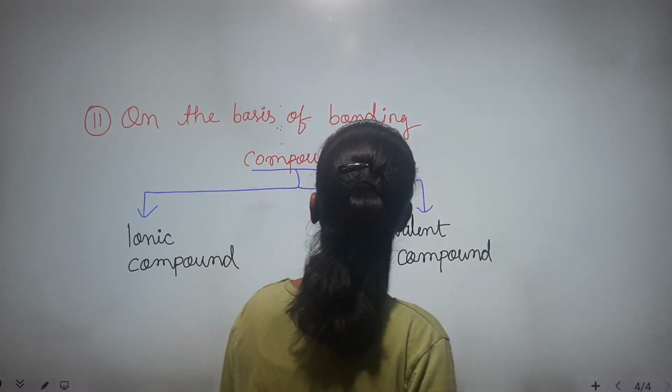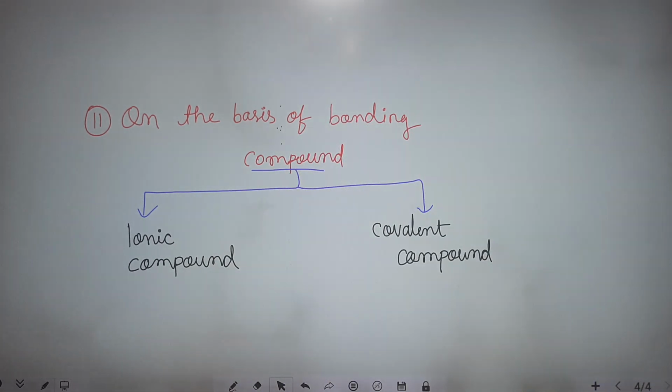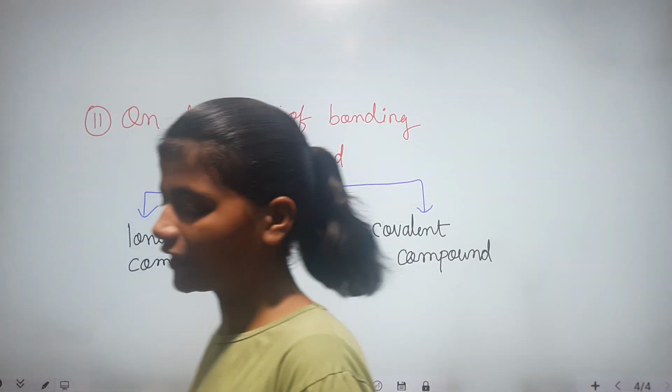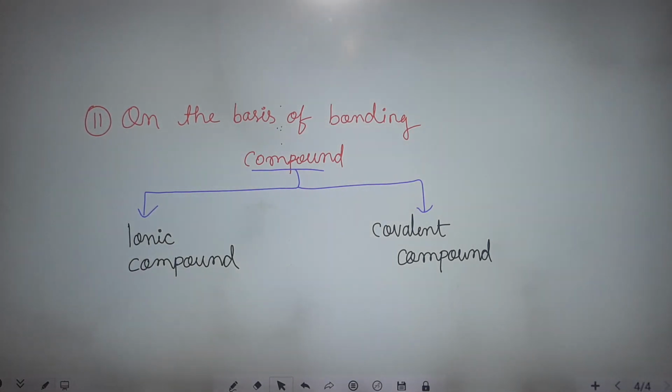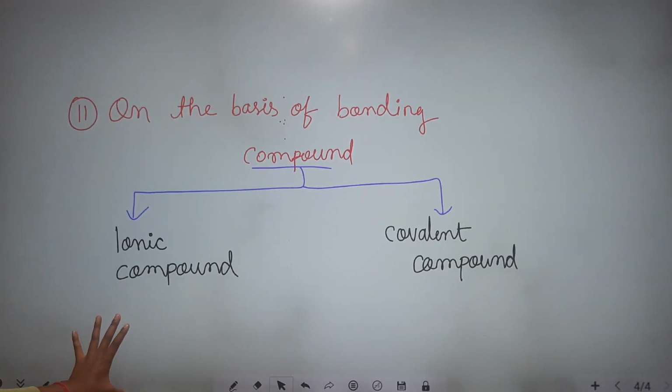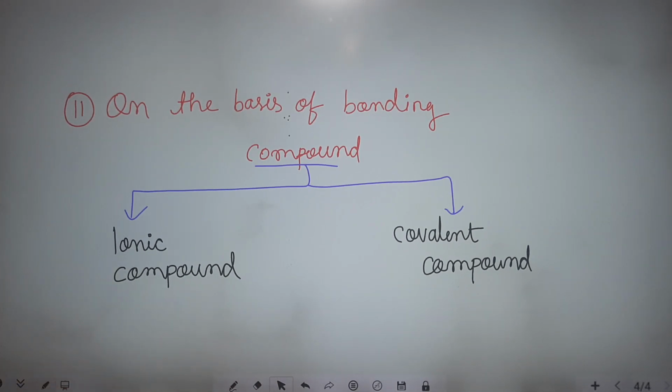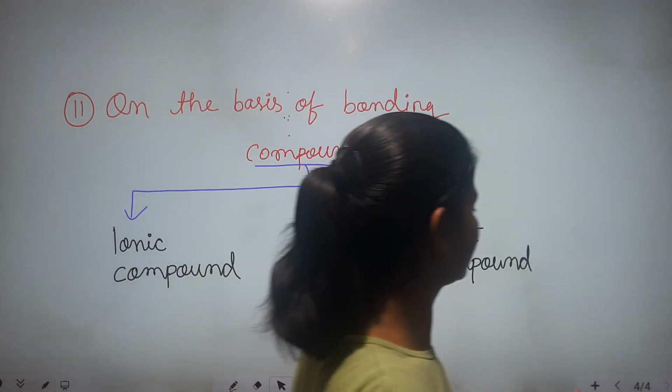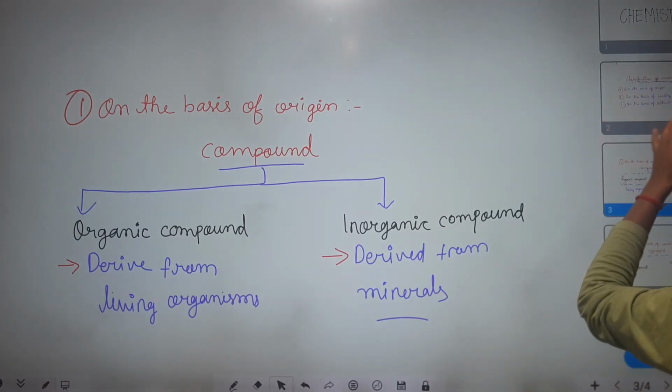So on the basis of bonding, compound is divided into two parts: ionic compound and covalent compound. In ionic compound, ionic bond exists, and in covalent compound, covalent bond exists. I hope you understand.